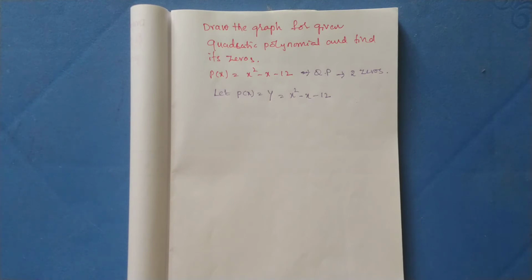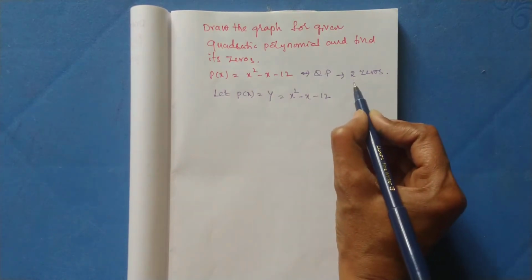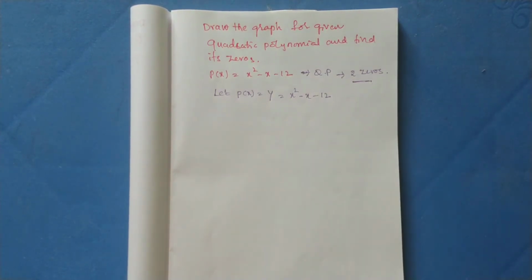We said a quadratic polynomial will have 2 zeros. If we identify and locate these 2 zeros exactly, the graph will have the perfect shape. Even without finding the zeros, we can draw the graph.